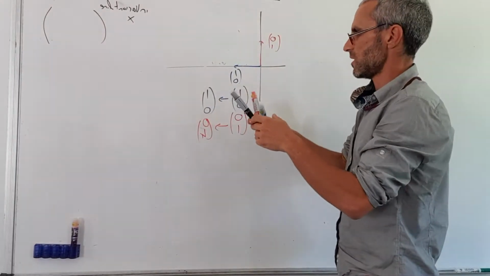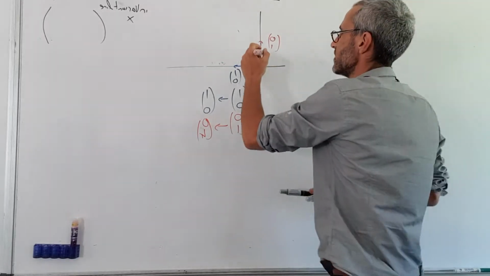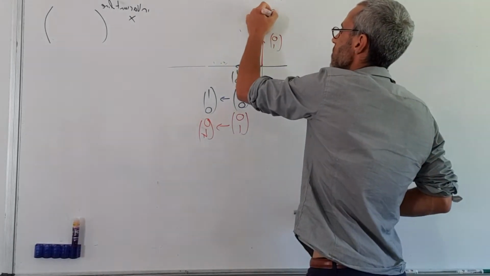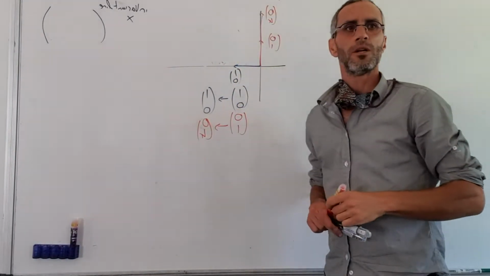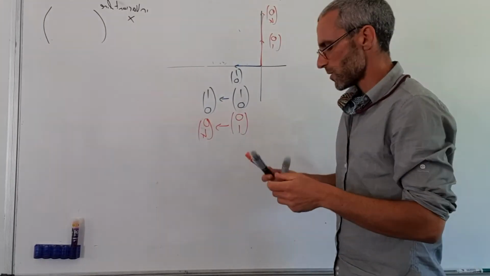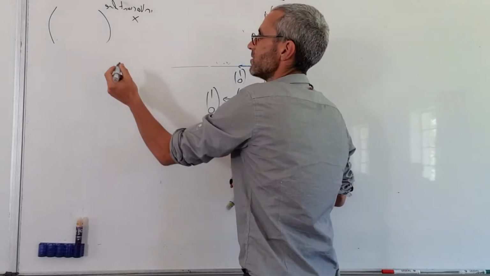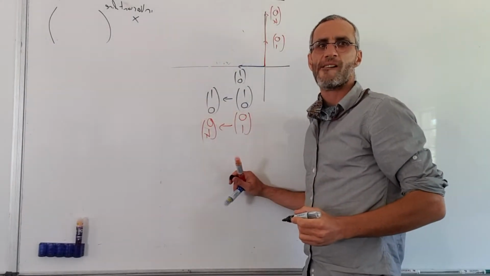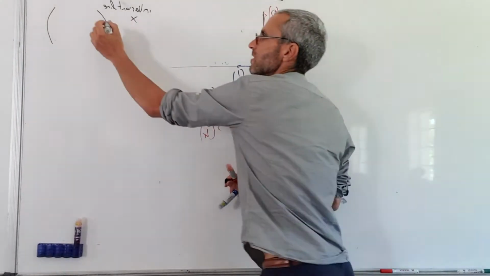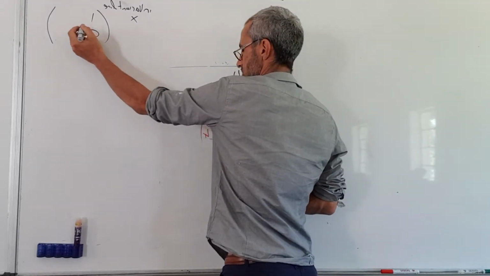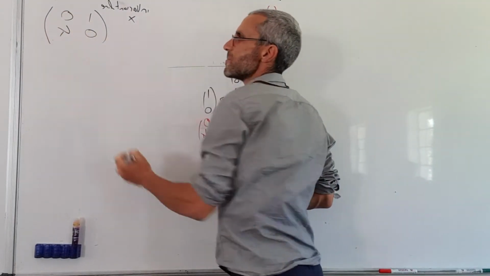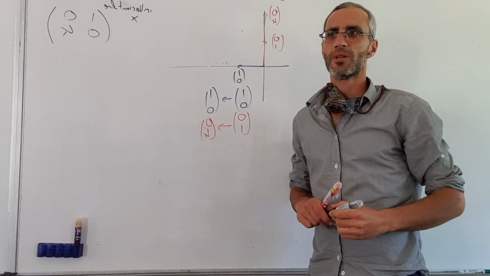I can draw it. It will become 0, k. So now we just have to write down the matrix. What will be the matrix? 1, 0, 0, k. As simple as that.